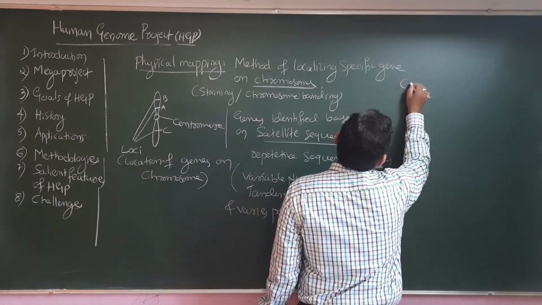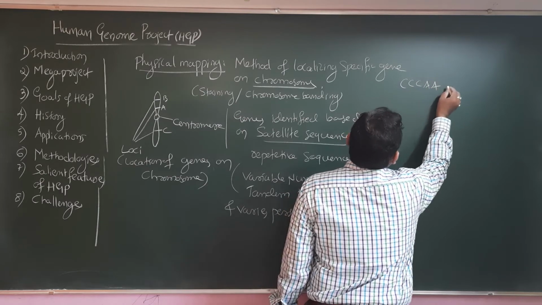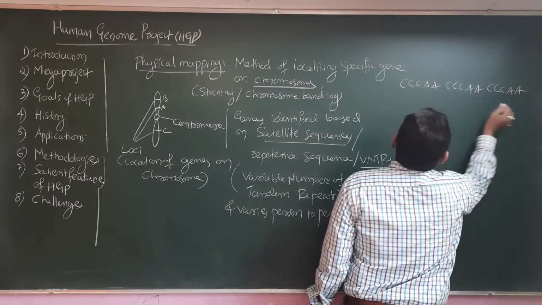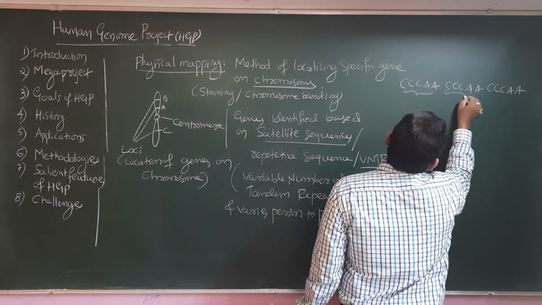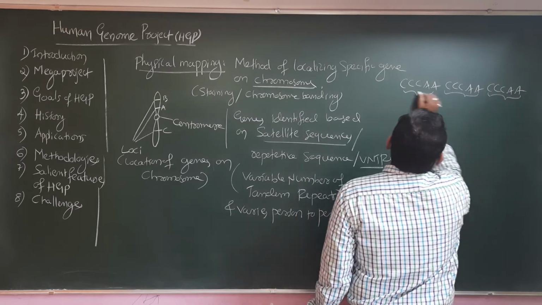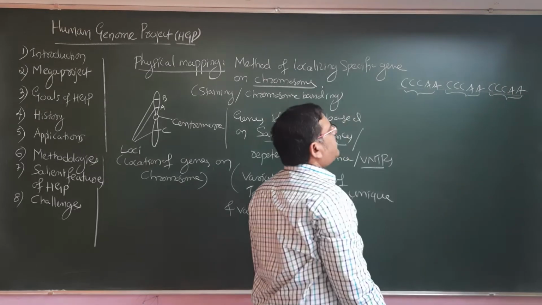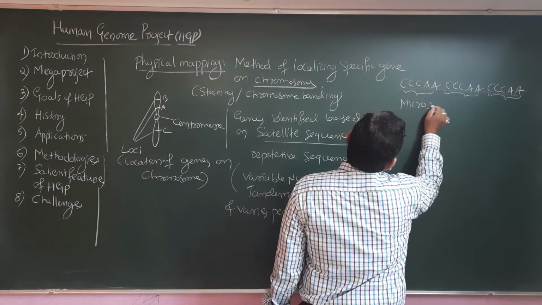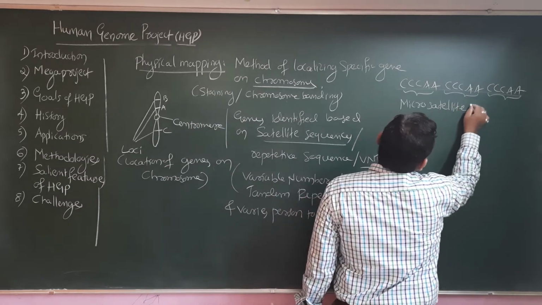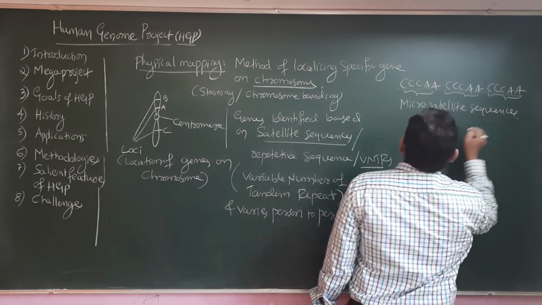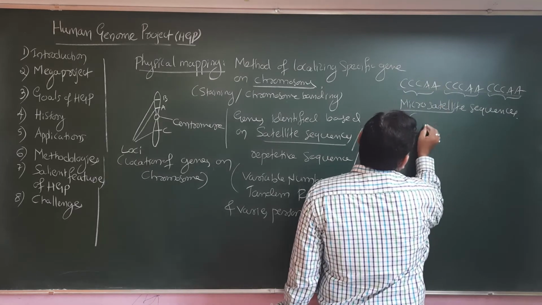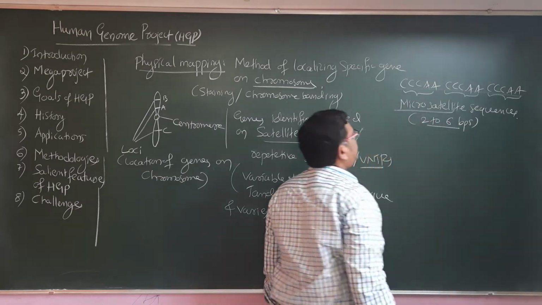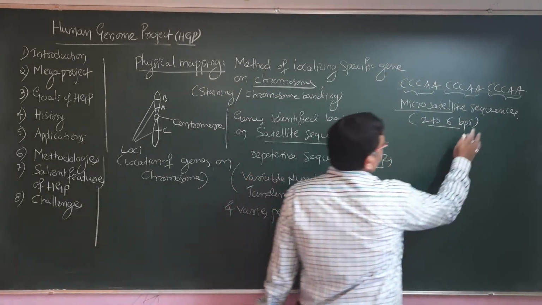Imagine here I am mentioning CCAA, CCAA, CCAA. So here what you are observing is that these sequences are repeated. On the DNA we find these sequences repeated, and we call them microsatellite sequences, because the repetitions can be between 2 to 6 base pairs.